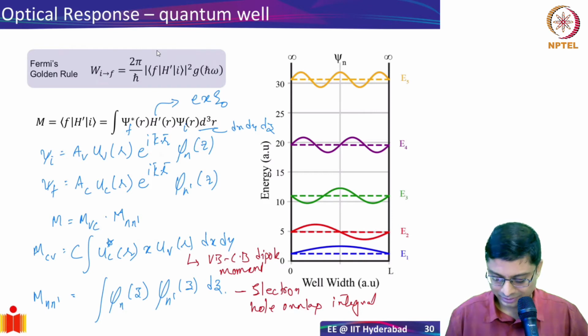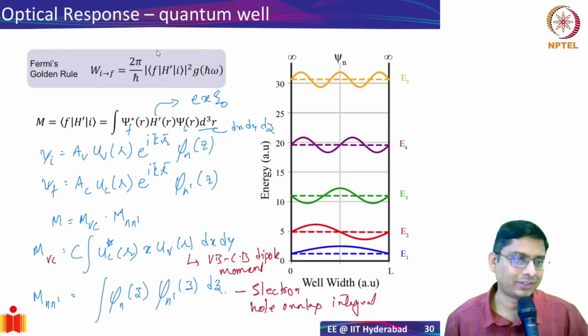In the previous case I said it is M_VC, valence band to conduction band. So there is an X term here, but there's no X term here. Why? The reason is I'm assuming that the electric field is only in the X direction. That's why I wrote it. But suppose I consider a case where the electric field is in the Z direction. Then I'll have to look at this. Does that answer the question?